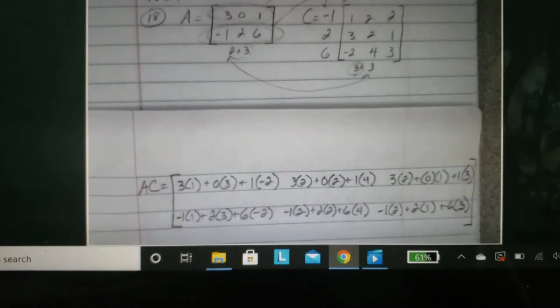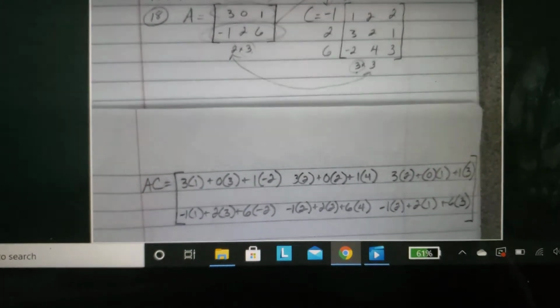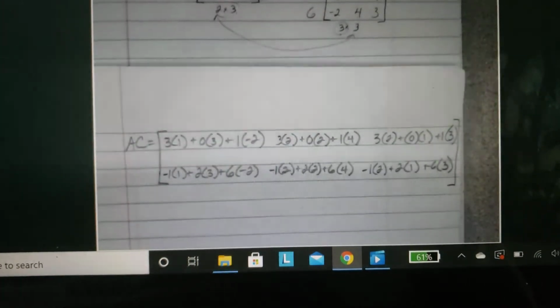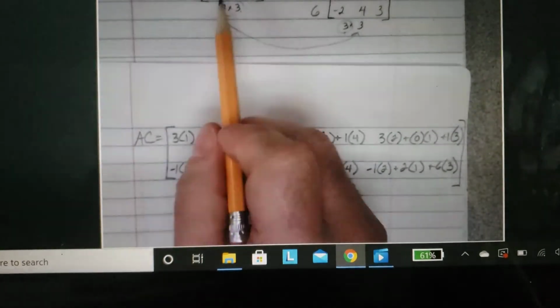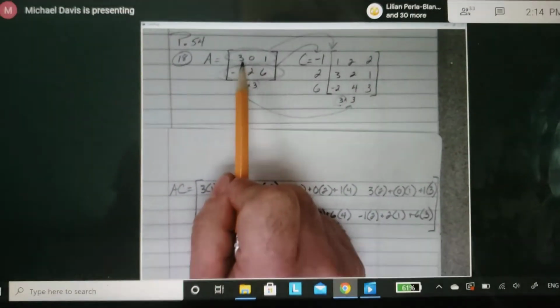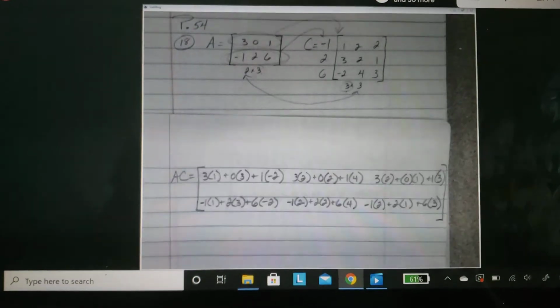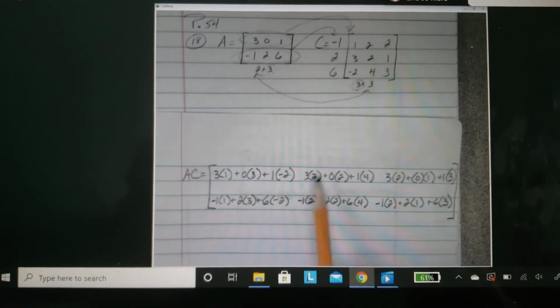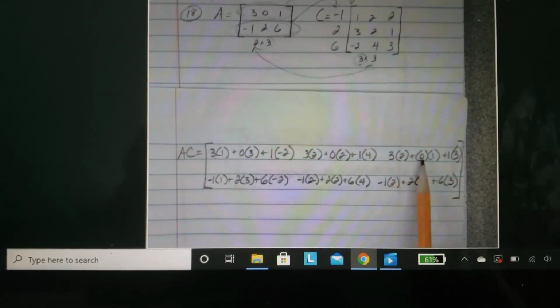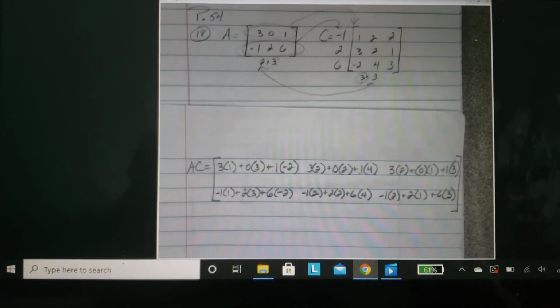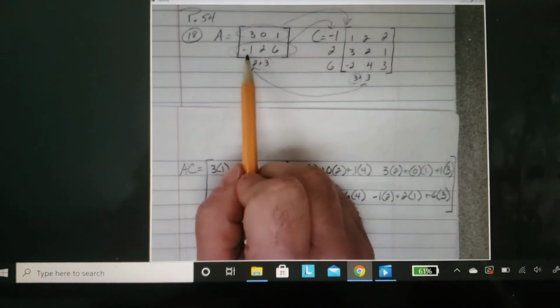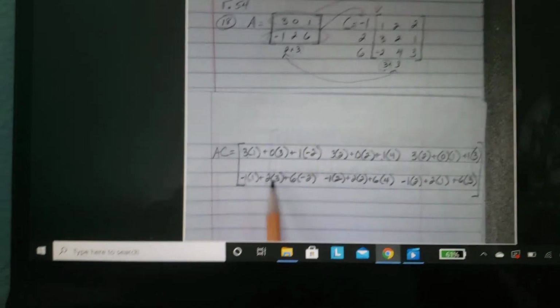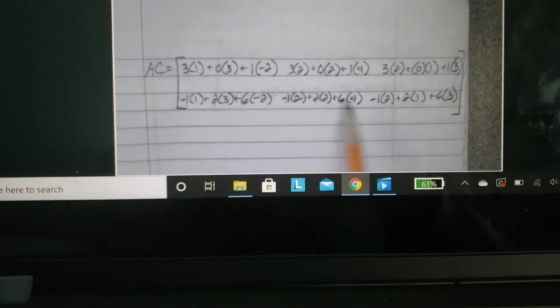I'm going to continue to point this out in case it ends up being helpful to somebody. That first row in matrix A with entries 3, 0, and 1 should show up all along row 1 in my answer. Negative 1, 2, and 6 should show up all along row 2 in my answer.